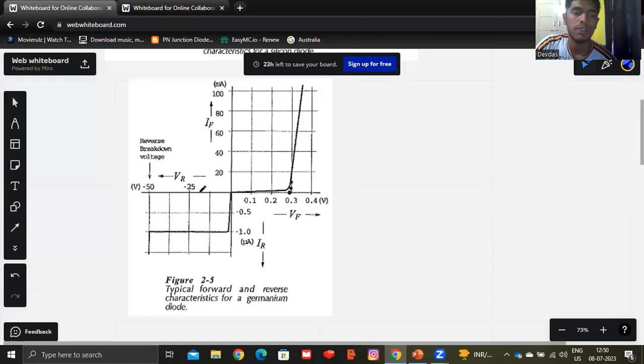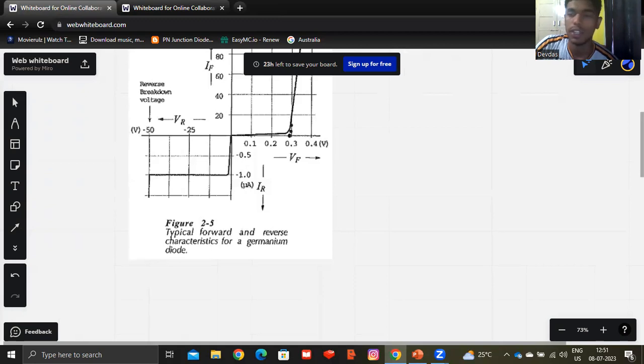And similarly, in the reverse characteristics, the flow of current is not as small as in the silicon diode. Germanium has a somewhat larger reverse current than silicon. But still, at 50 volts in the reverse direction, there's a huge amount of current flowing in the reverse direction. And this leads to the breakdown of the circuit due to overheating. So these are the characteristics of a diode.